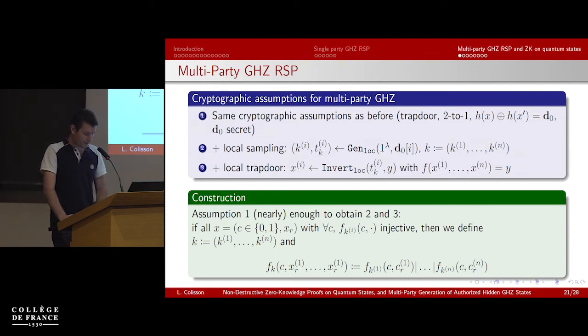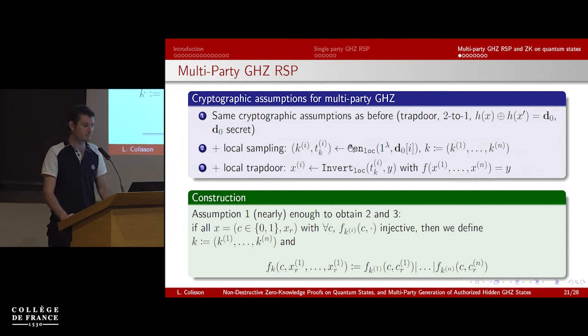Okay, so now let's see how we can extend that property to multi-party digital state preparation. So now the idea is to add a few more requirements on the function that we want to compute. So here, basically, you have the same properties as before, except that you want to be able to locally compute the function.